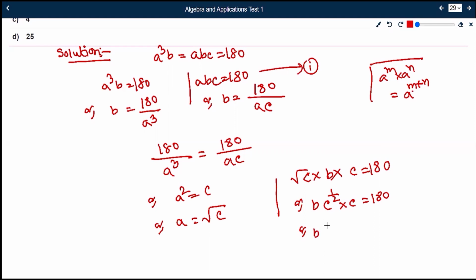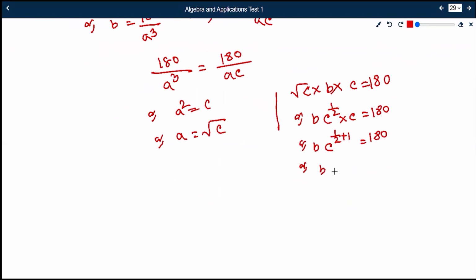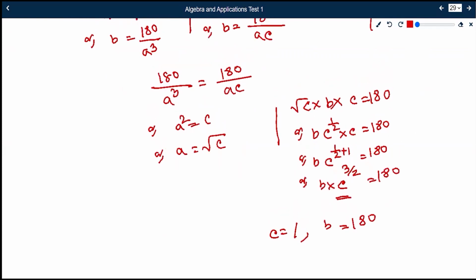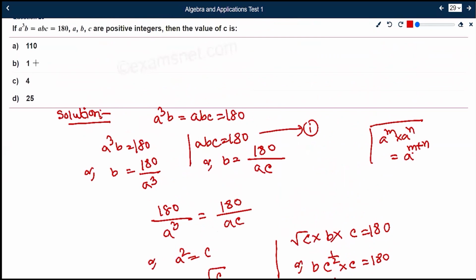So here the bases are equal, both are c, so we can write half plus 1, or b multiplied by c to the power 3 by 2 equals 180. They have already said that a, b, c are positive integers, correct? So by hit and trial, we can see that the value of c should be 1 and the value of b will be 180. So here option B is the correct answer.